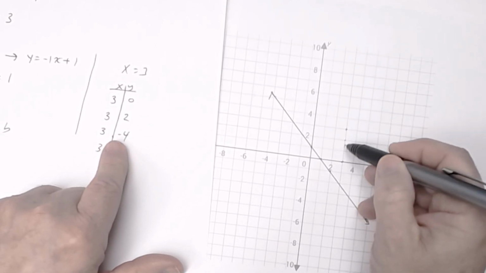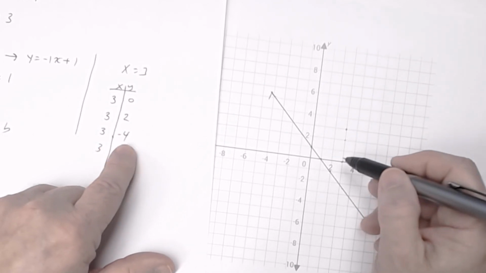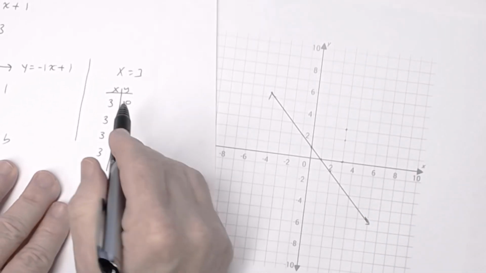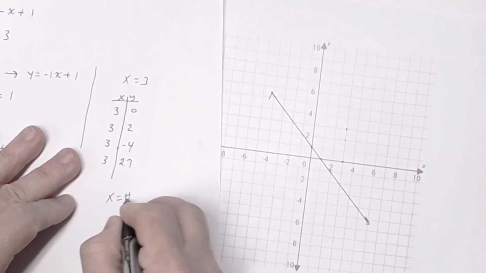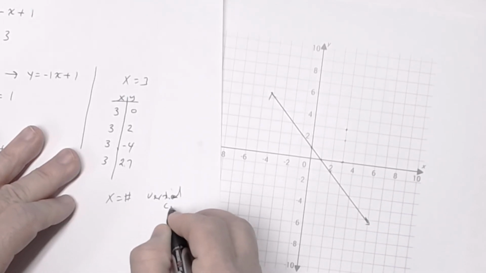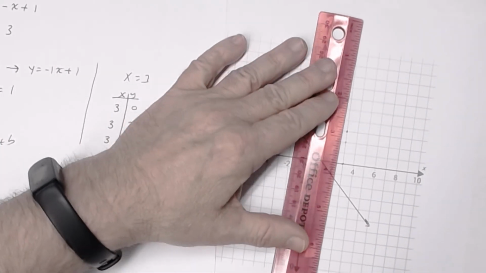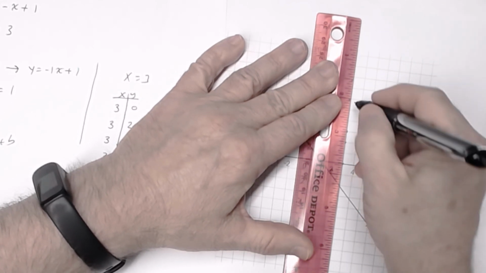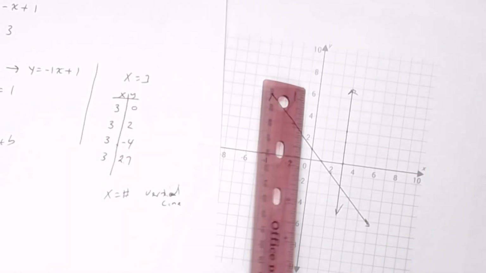So 3, 0; 3, 2; 3, 3; 3, negative 4, and so on. But it doesn't matter because you know it's going to be a vertical line. So if you can remember this, x equals a number is a vertical line. And when I draw that vertical line, I get this right here. So this is x equals 3.